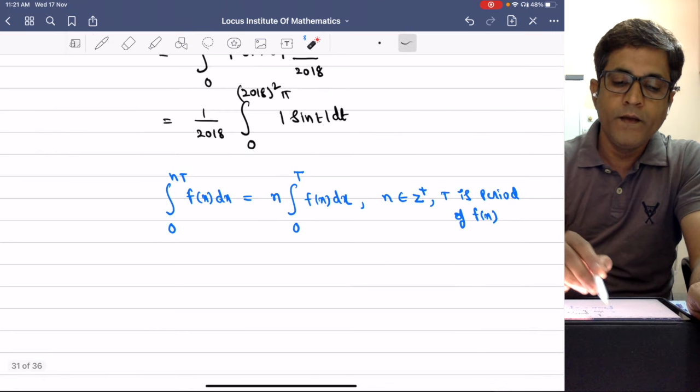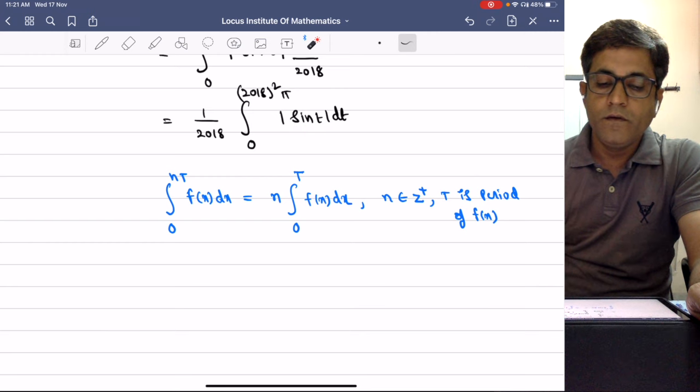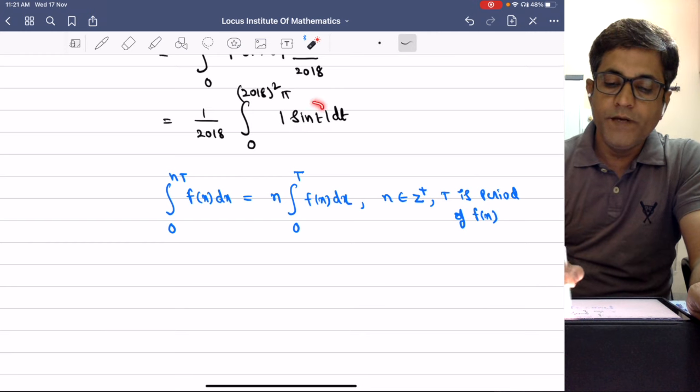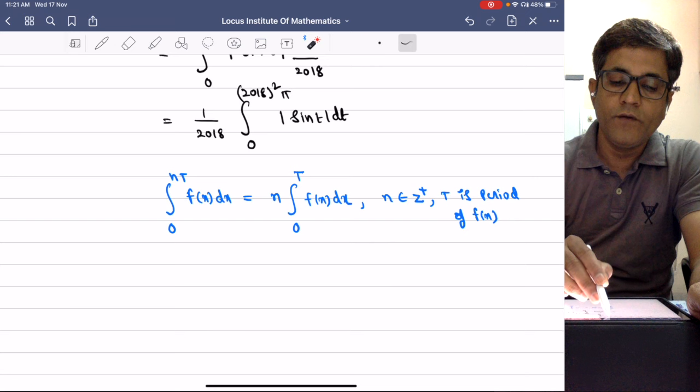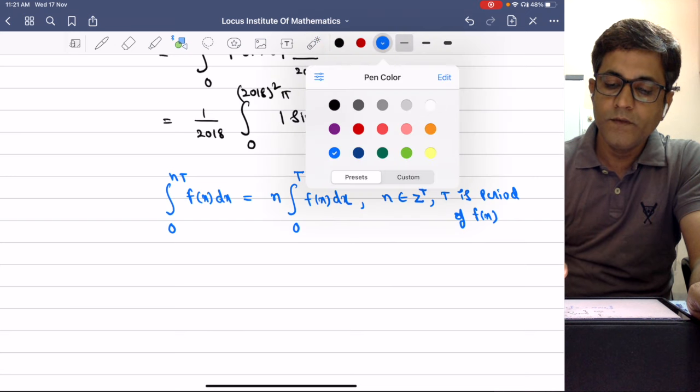Here f(t) is equal to |sin t|, and what is the period of |sin t|? If you draw the graph of |sin t|, the graph will be like this.